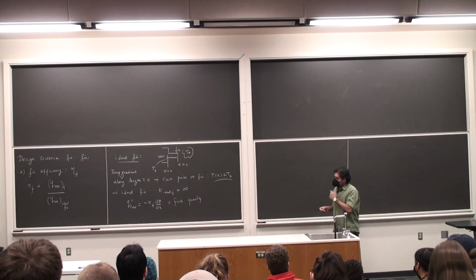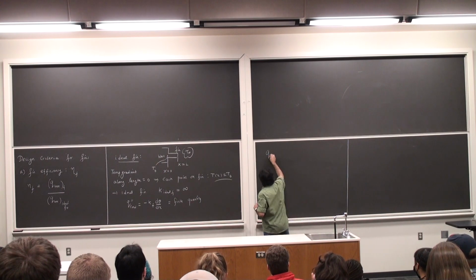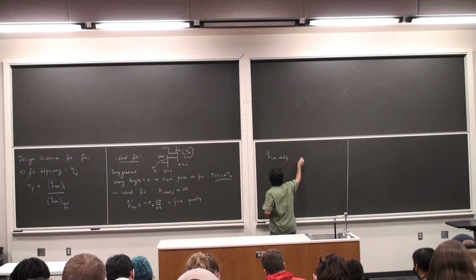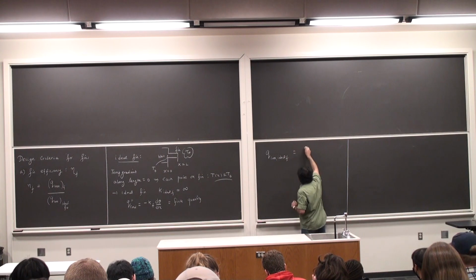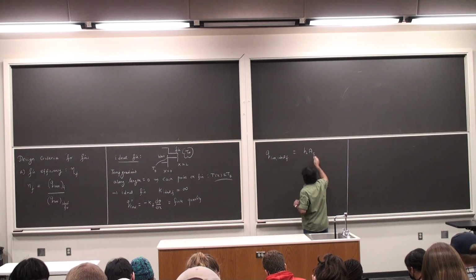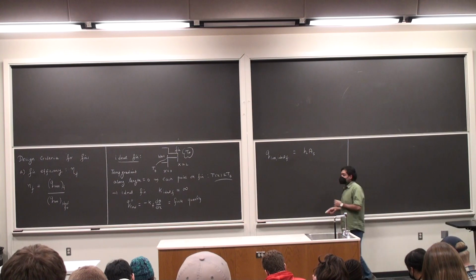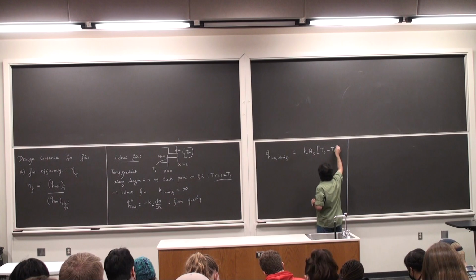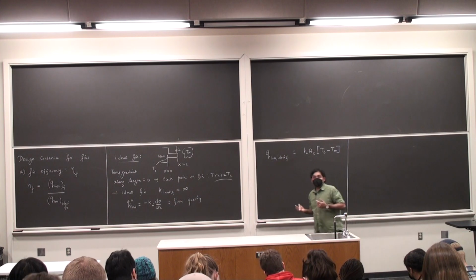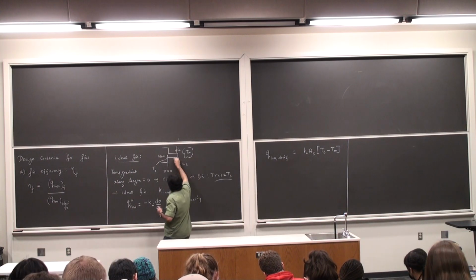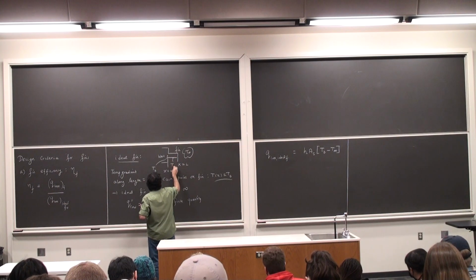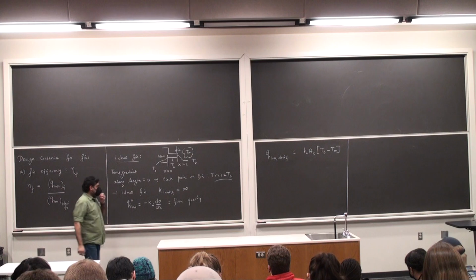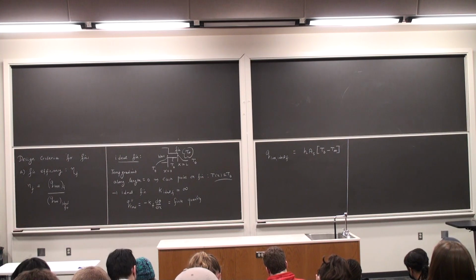So if that is the case, then Q loss for an ideal fin is h times the surface area that is available for heat transfer times the temperature difference at any point in the fin. At any point in the fin, the temperature is the base temperature. This is the heat loss rate for an ideal fin.